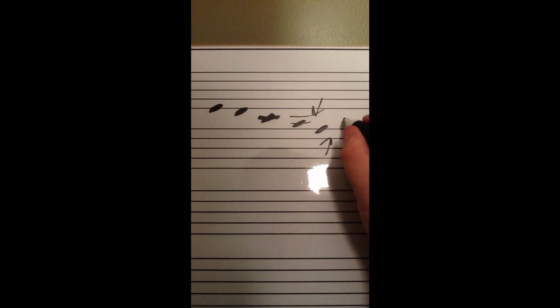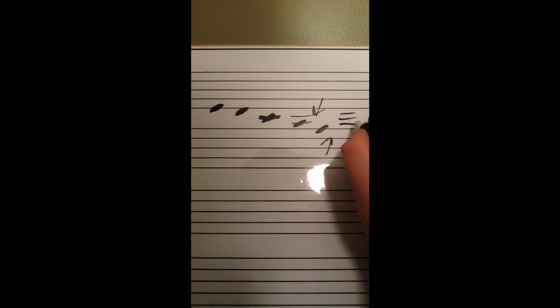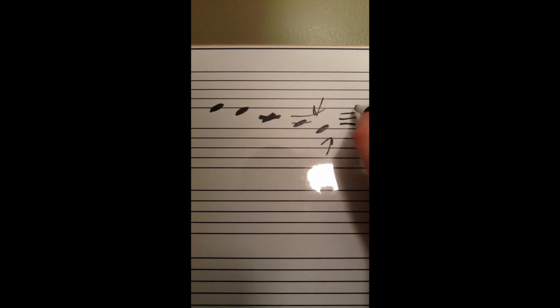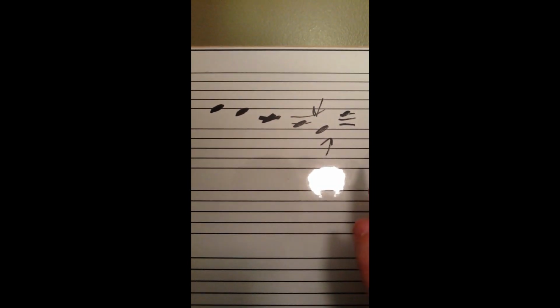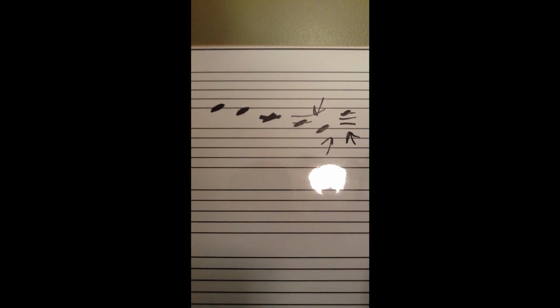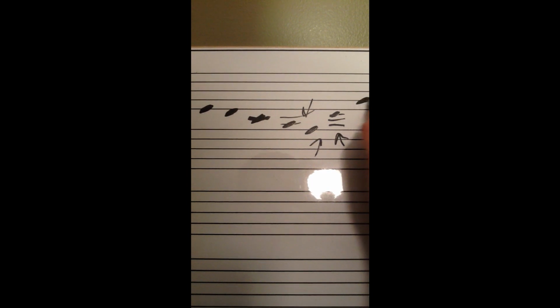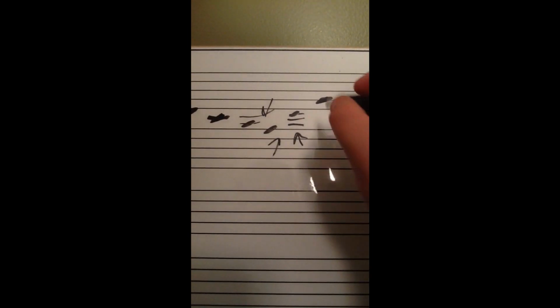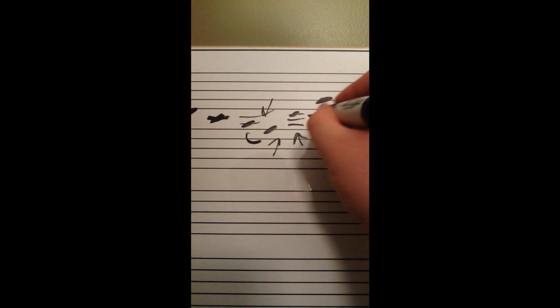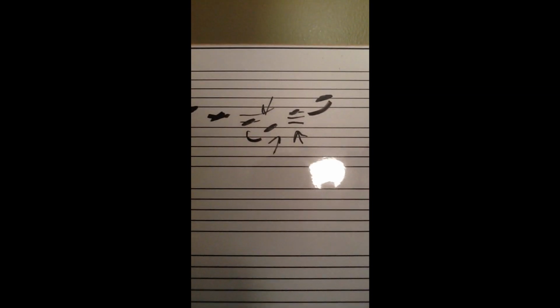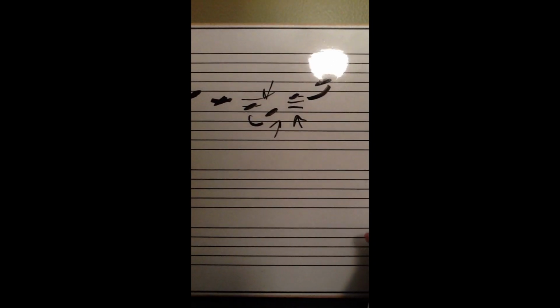Just like I could write 3 ledger lines up, that's on the bass clef, that's a G. If I wrote that on the treble clef, it's there. These are the same A's, and these are the same G's. So if you're writing on a grand staff, it's a matter of, do I want to write 15 ledger lines, or should I write that in the treble clef staff? So that's how that works.